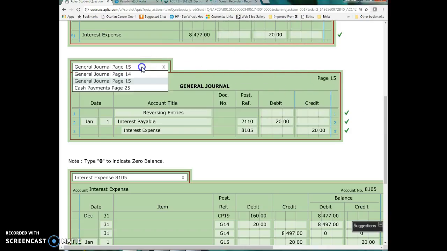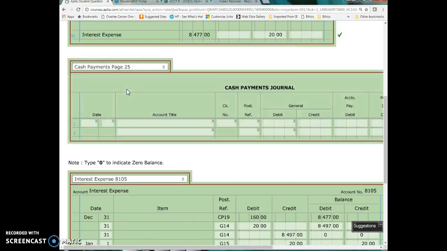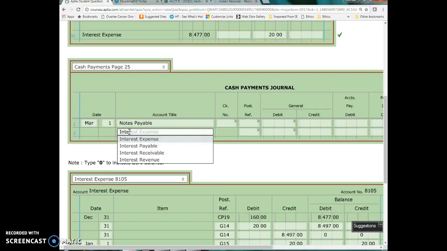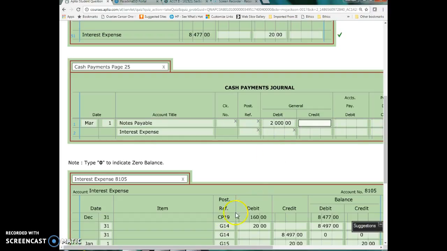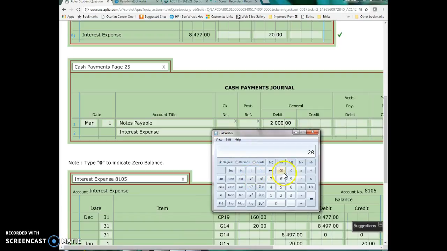Therefore, we go to the Cash Payments Journal, page 25. Maturity date, March 1st. Debiting notes payable, also debiting interest expense. Notes payable was $2,000. How much is that interest expense?